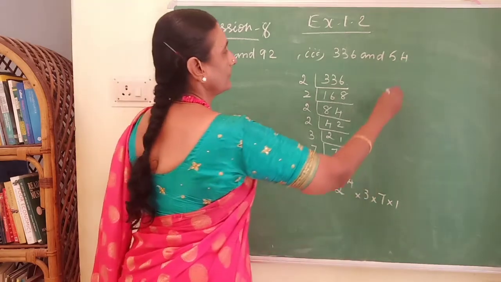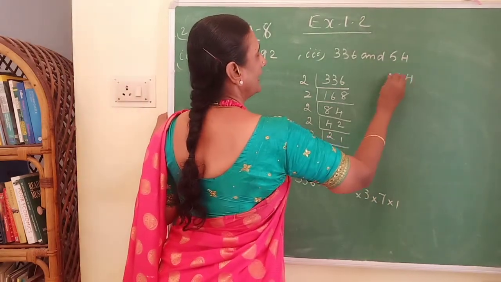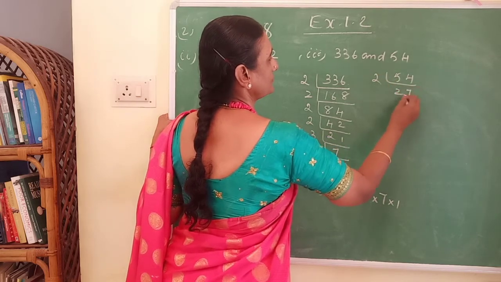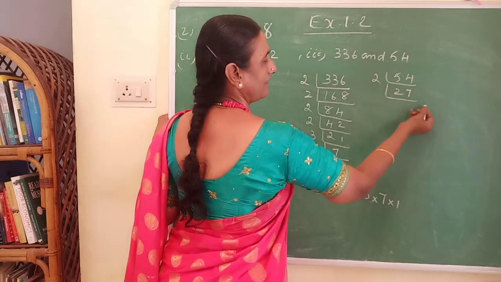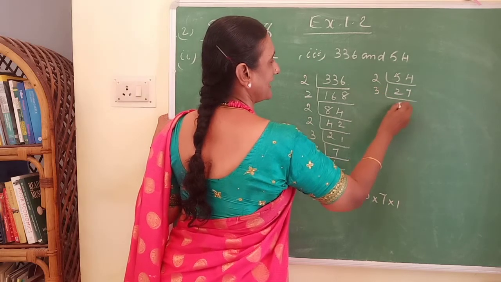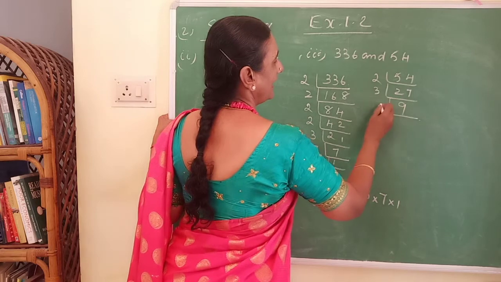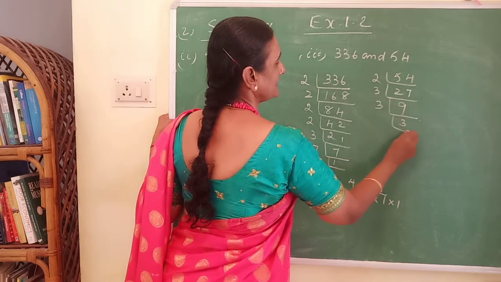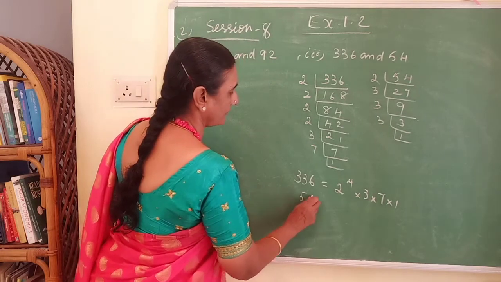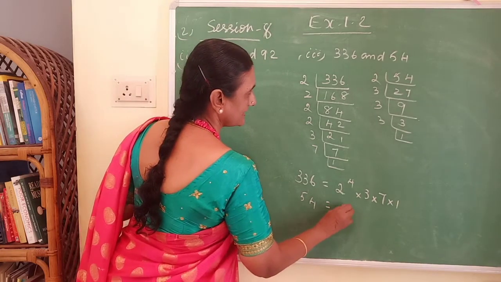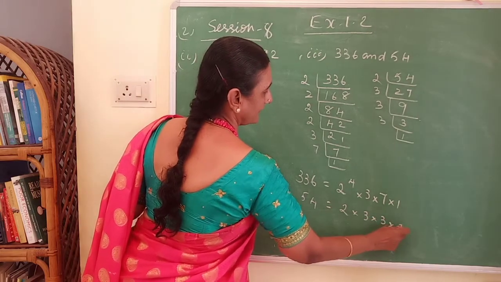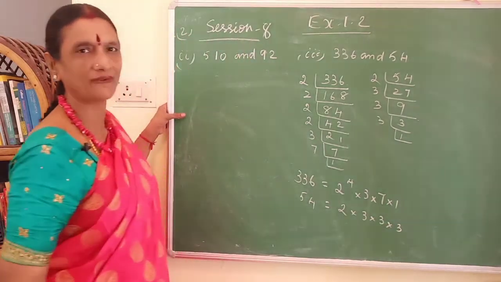Now, go to 54. We can divide by 2, and then this cannot be divided by 2. Therefore, I can take 3 as the next dividing factor, and then this again 3, then again 3, and 1. Therefore, I have got 54 factorized as 2 into 3 into 3 into 3. Now tell me how to choose the common factors.